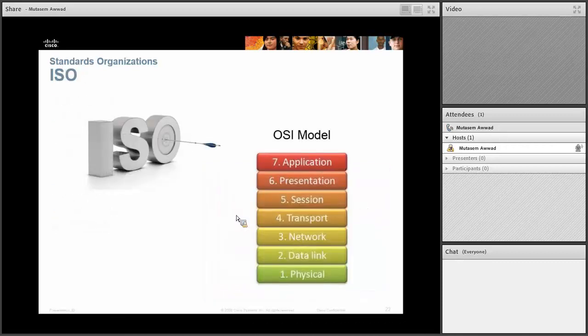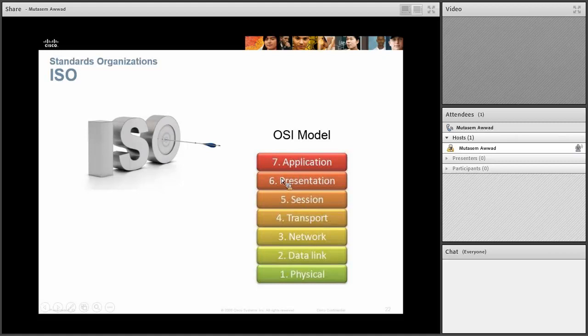All right, so the International Organization for Standardization, as I have mentioned earlier, said that we should have the data get encapsulated through 7 layers instead of 4, just to get into more detail. And you should remember these layers, because you'll be asked either on the CCNA, regular exams, and even in interviews.